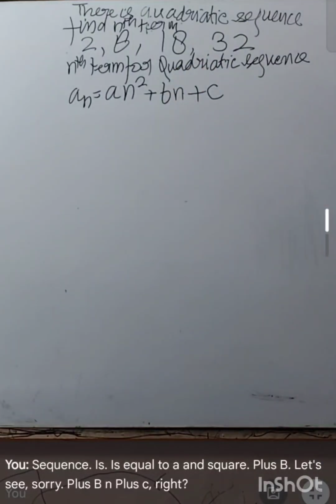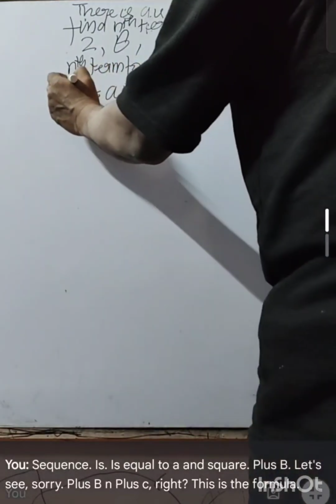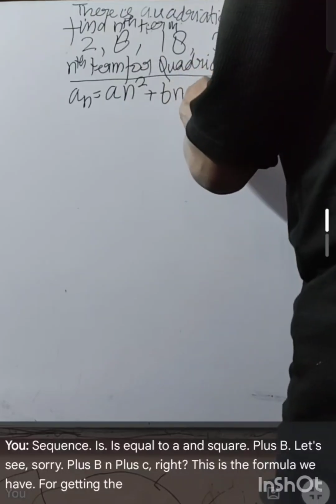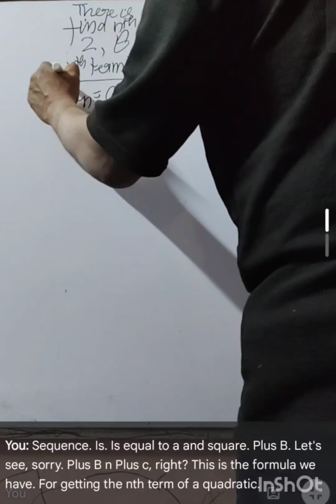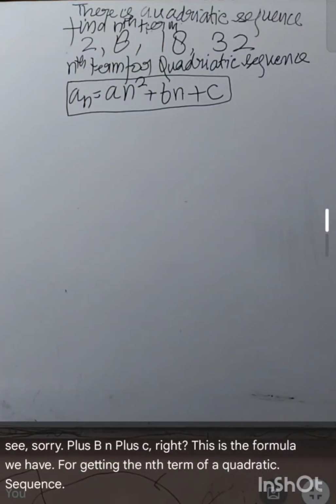This is the formula we have for getting the nth term of a quadratic sequence.